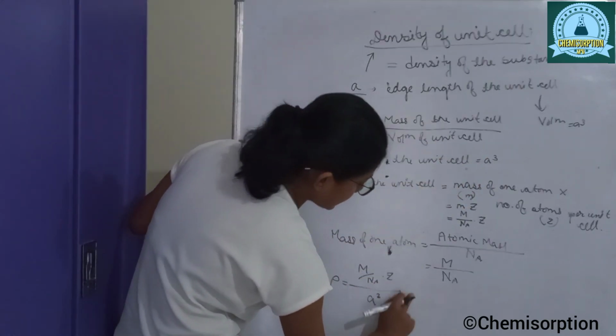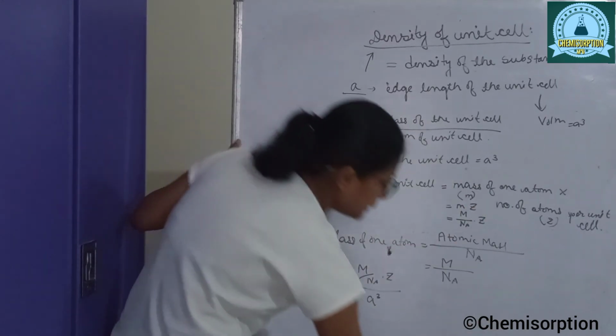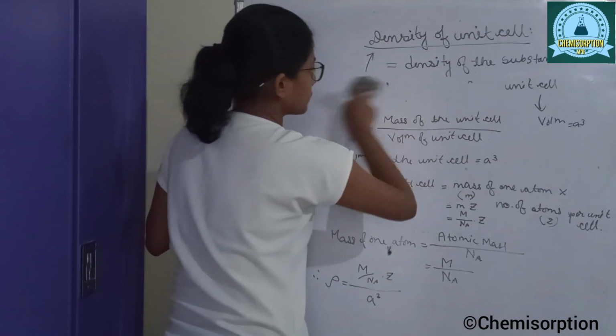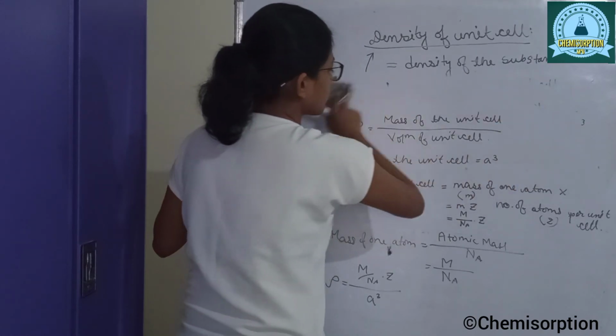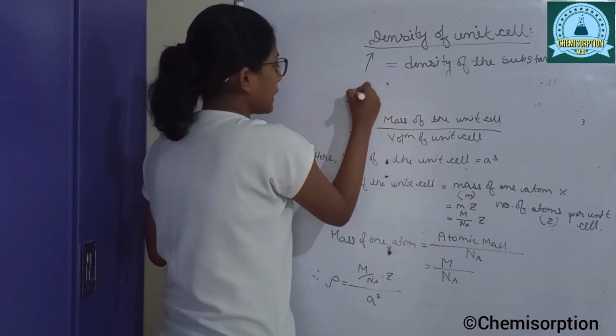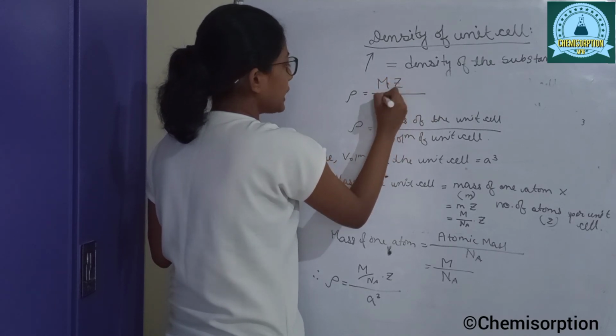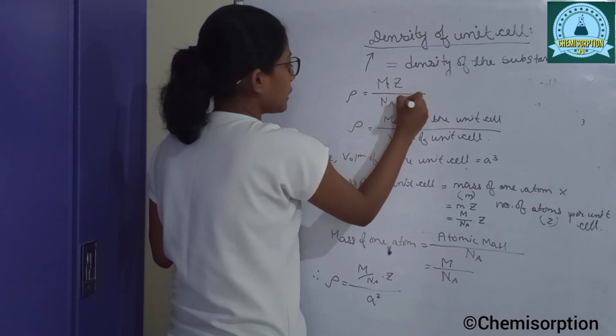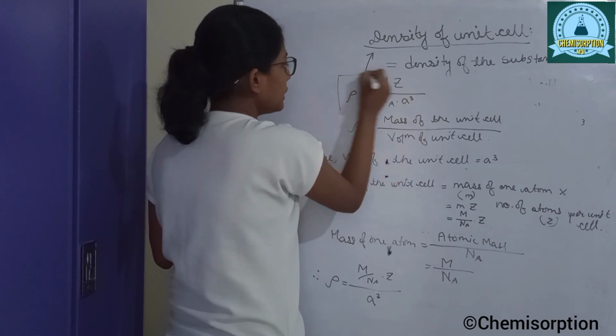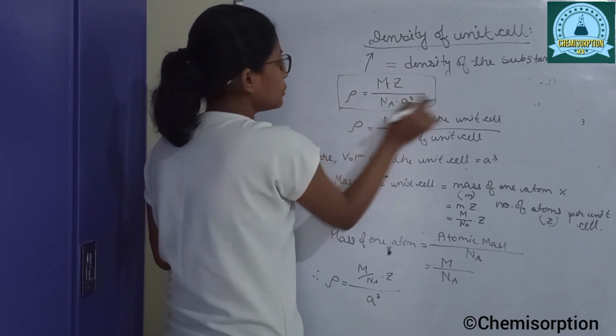So, rearranging this, we will find that density is equal to Mz by Na into a cube.